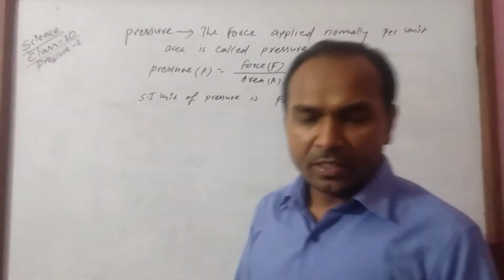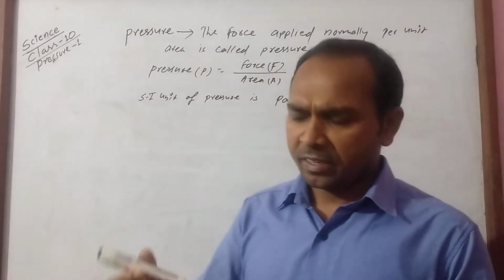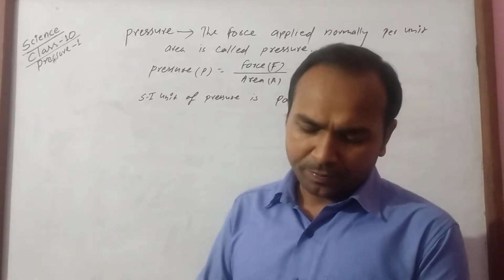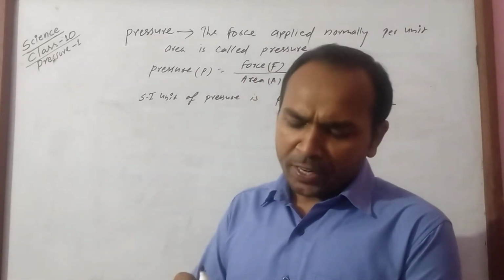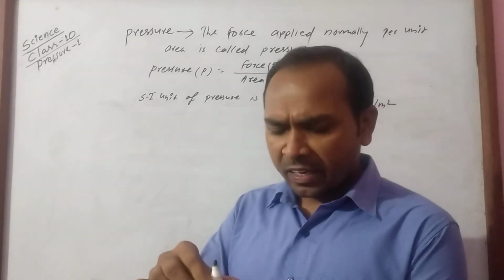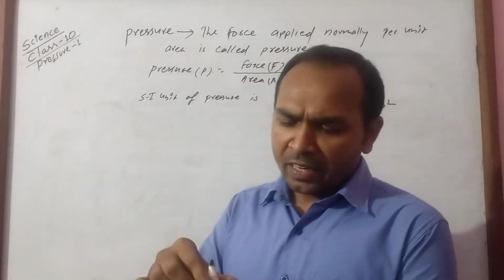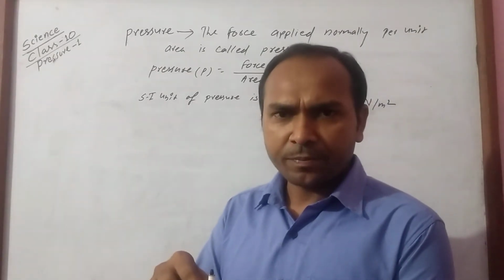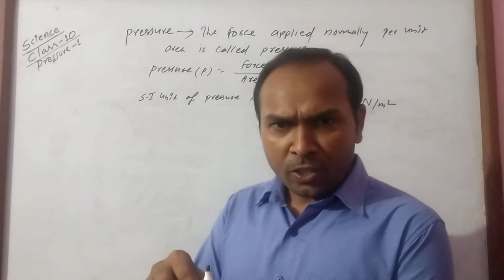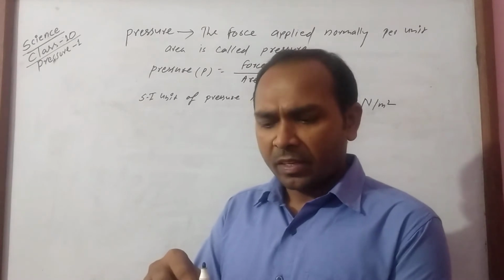Like this is a marker, and when we keep this marker in this way, then due to the weight of the marker, it exerts a force equal to its weight, and it also applies pressure on my hand. In the first condition, the pressure exerted by this marker is P1.